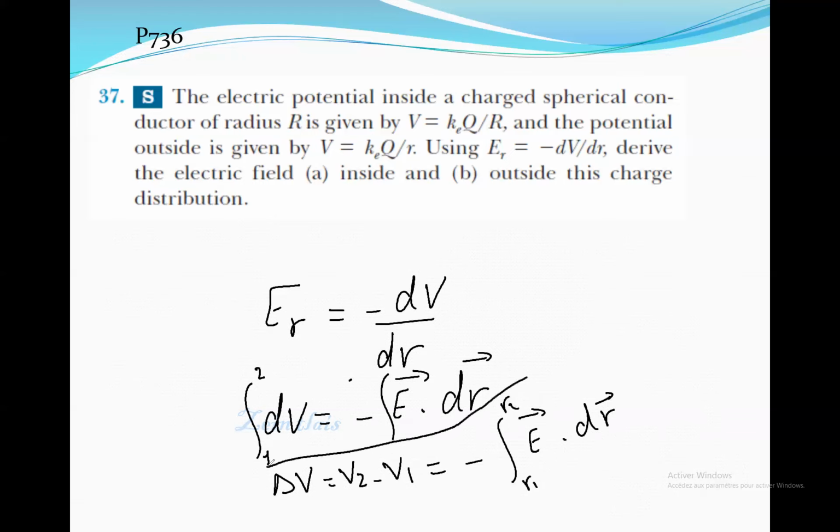This is a very important relation to calculate the difference, the change of electric potential from the electric field. We calculated it in the last video.